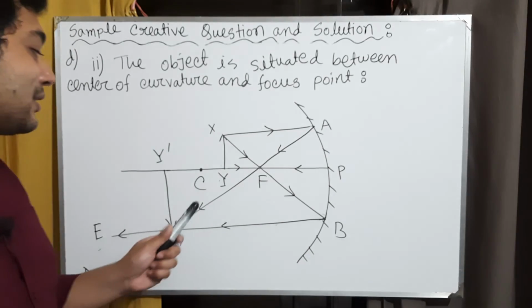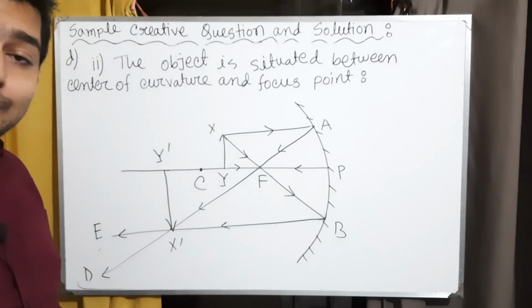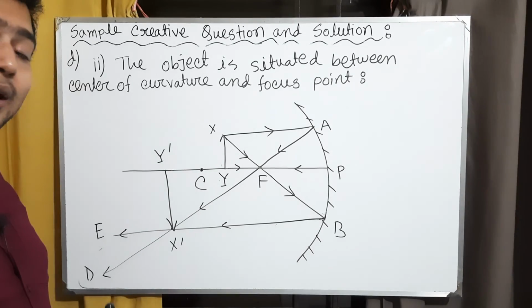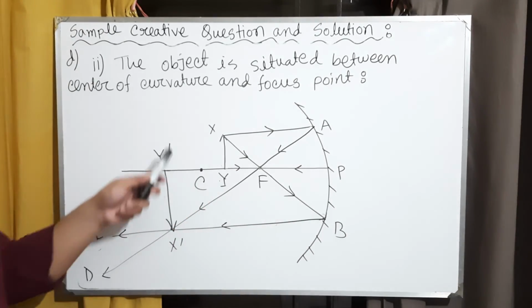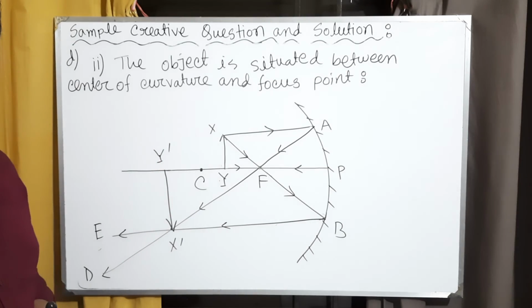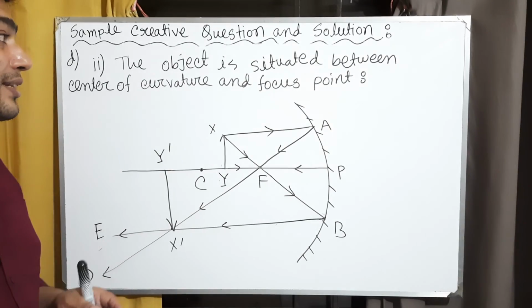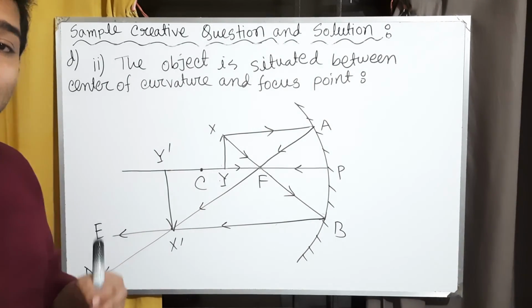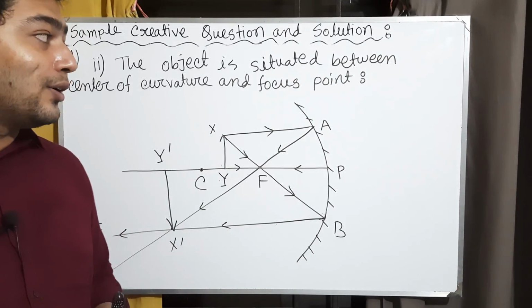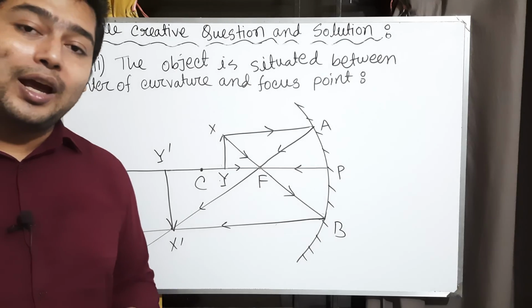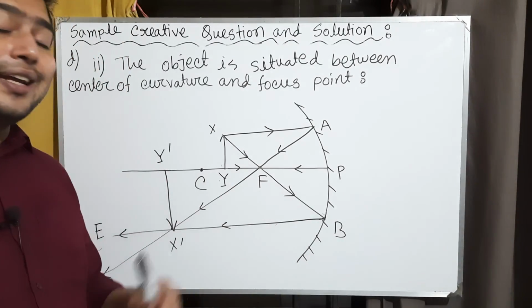Here you see that the image is much bigger than the object. Because of this bigger image, dentists usually use a concave mirror. So this is our two analyses with ray diagrams.